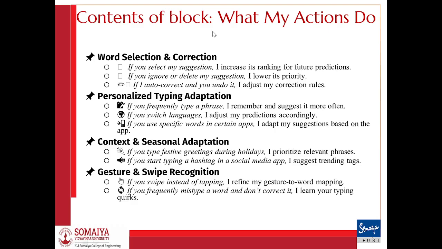Following the condition action table, the agent has to respond to what my actions do, and from there it is supposed to choose an action. Given this scenario, the agent is supposed to consider word selection and correction, personalization of typing, contextual or seasonal adaptations, and also gesture and swipe recognition. Considering all these cases, the agent can figure out what all its actions do, and it is supposed to choose one of the actions from the listed table.